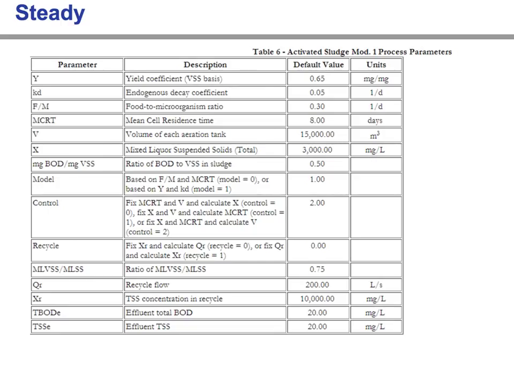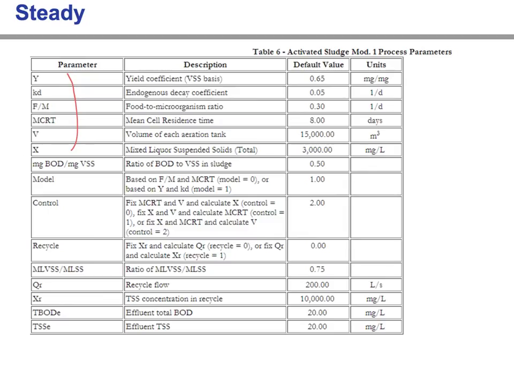This is a biological reactor, which means there are microorganisms, and microorganisms have very important parameters such as yield, the F/M ratio, SRT, HRT, and the decay rate. Those parameters should be determined when you use the activated sludge reactor.